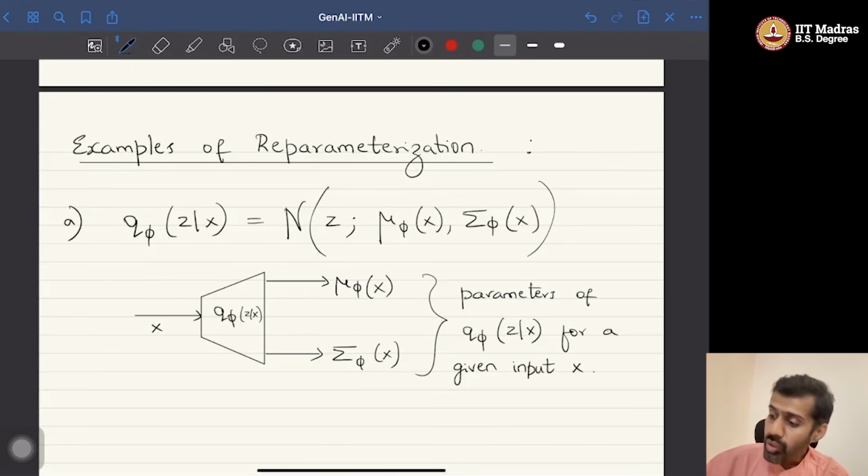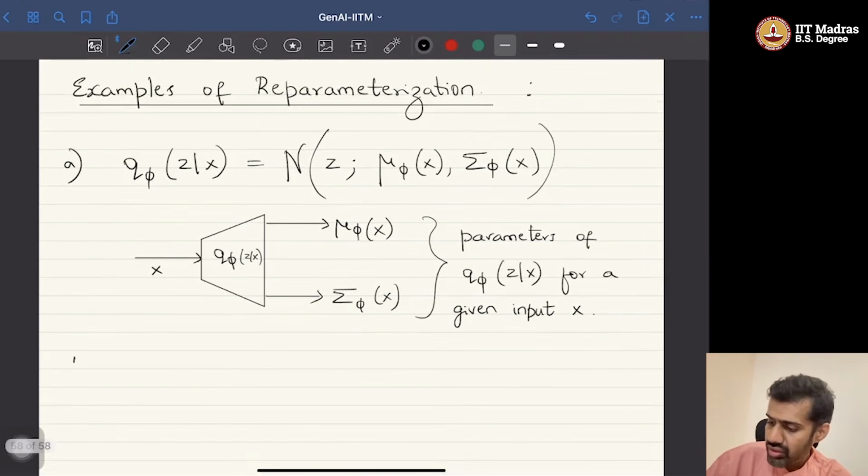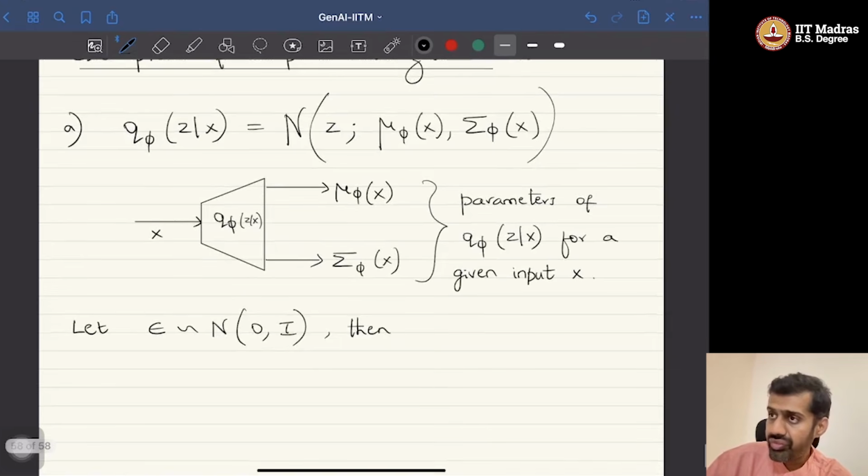Now how do we reparameterize this is the question. Let epsilon, which is the auxiliary random variable, be a Gaussian with zero mean and identity or unity as variance. Then it's a well-known result in statistics that a Gaussian random variable can be reparameterized or written in terms of a normal distribution.